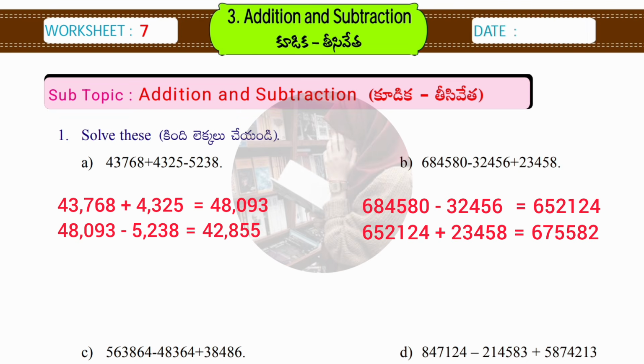Okay, this is the answer. Now we have to add 23,458 to this total, that means 6,52,124. Then you will get 6,52,124 plus 23,458 is equal to 6,75,582. Understood? Let's see the third one.